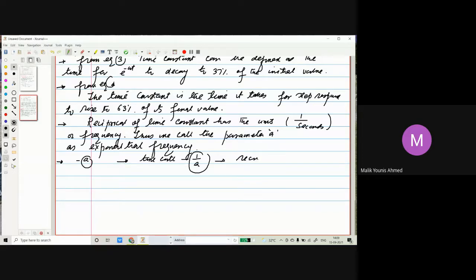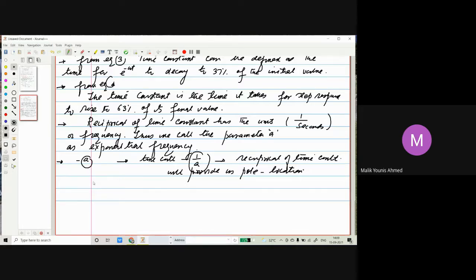The time constant is 1 by A, so the reciprocal of the time constant will provide us the pole location.